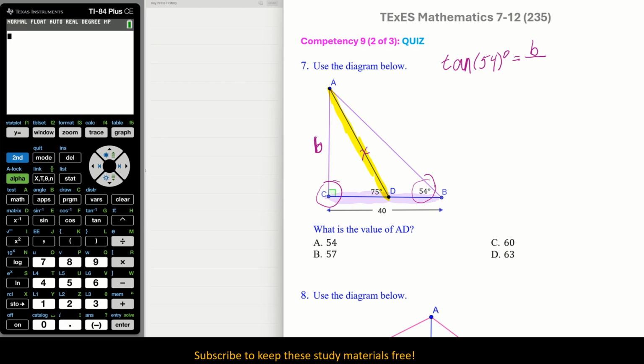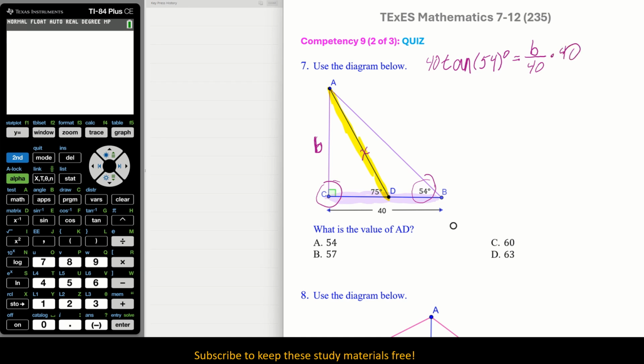Because we're using the 54 degrees, we need to use the 40. We're using the large triangle first to find that length. So we have 40, and to find B, we just multiply both sides by 40.